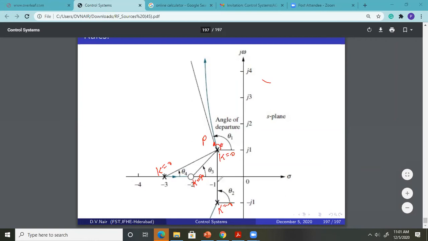Now that will be nothing but, for example, the angle made by this pole, when you join this pole to the point of interest, will be theta 2 only.